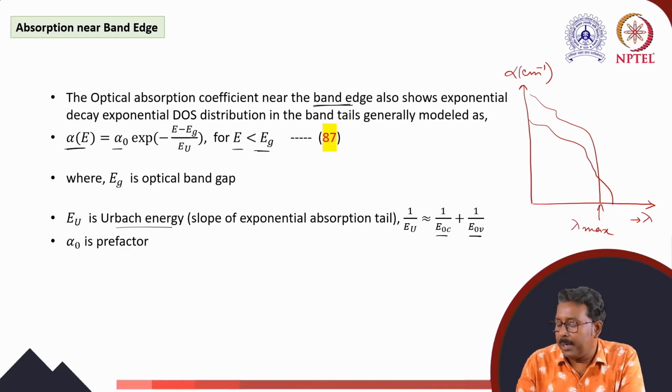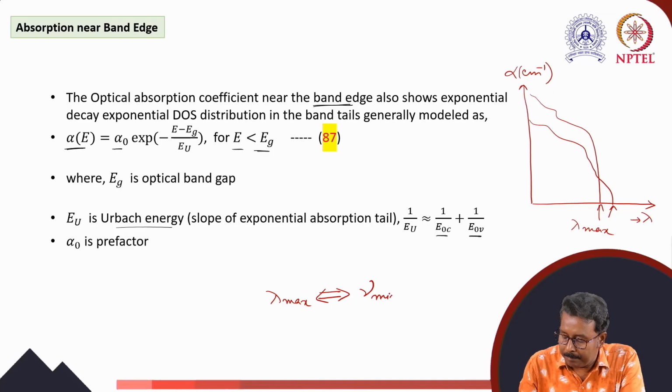So for material 1, there is a sharp decay at lambda maximum. Lambda max corresponds to nu minimum, and nu minimum is determined by h nu minimum equal to Eg.